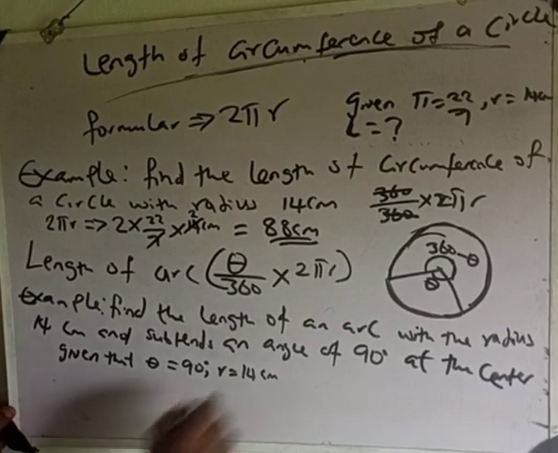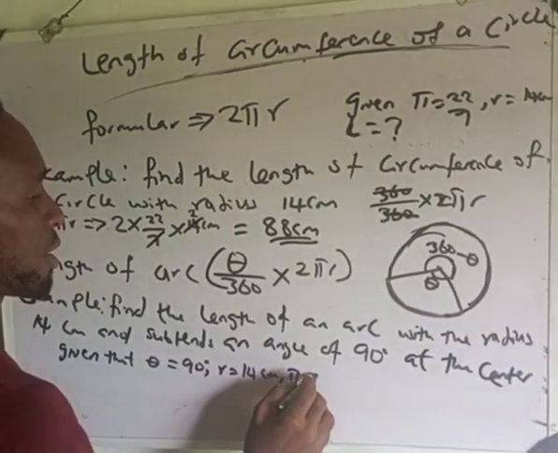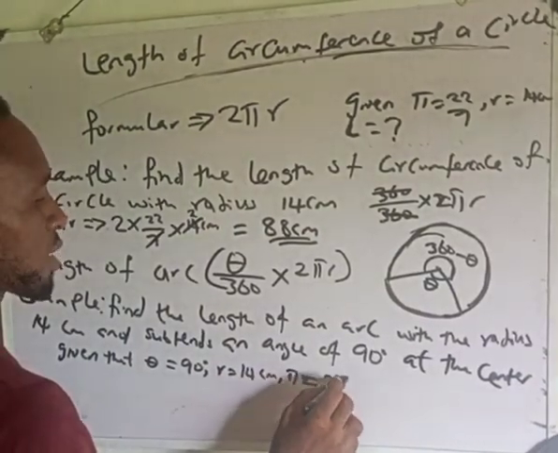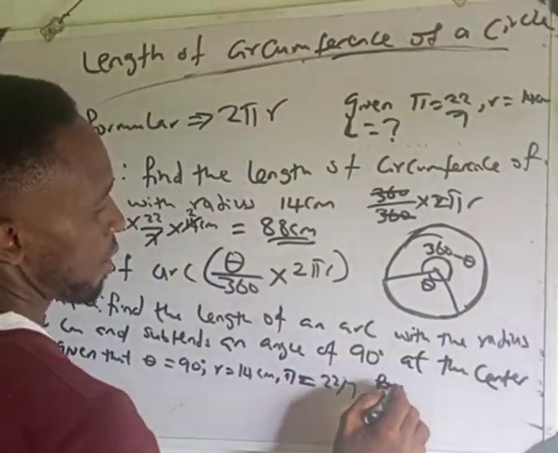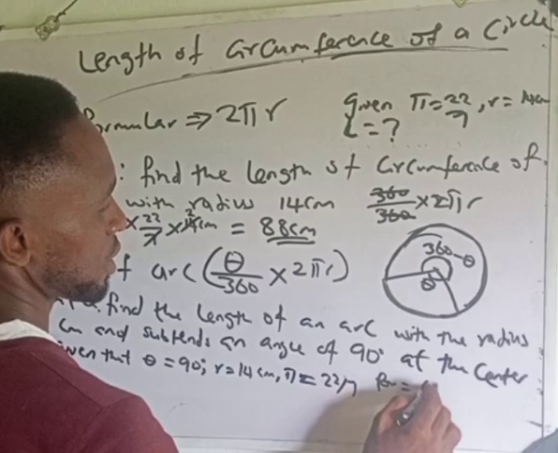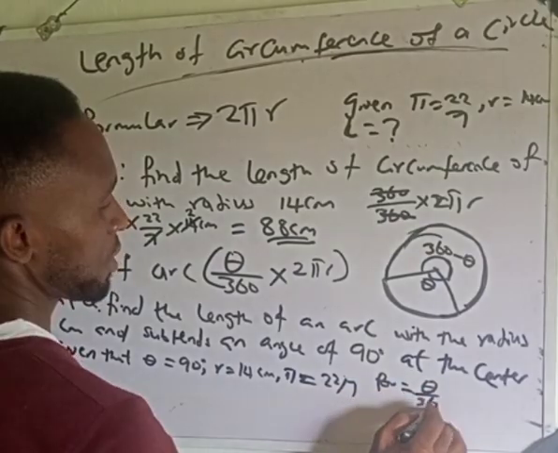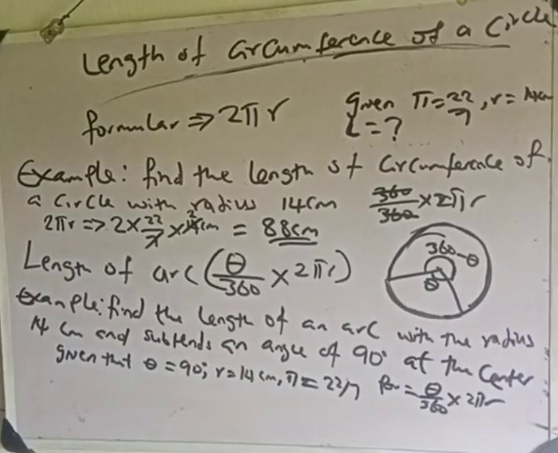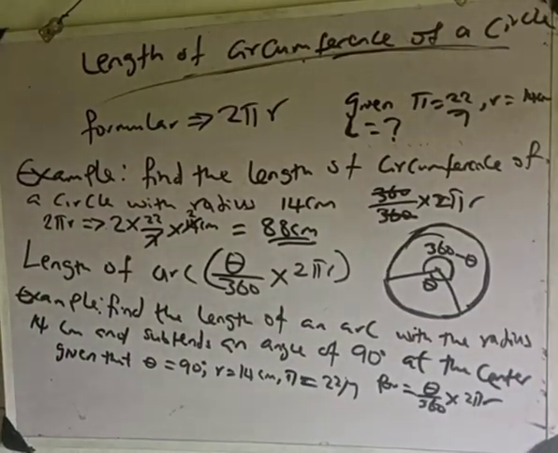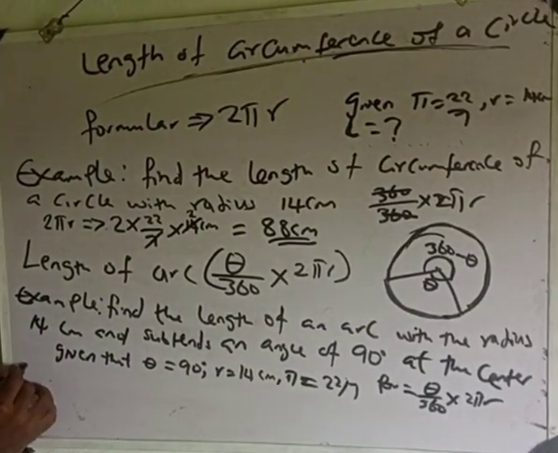What else are we given? We know that our pi is equal to 22/7. Now we also have that our formula is theta over 360 times 2 pi r. As simple as can be. So let's substitute.